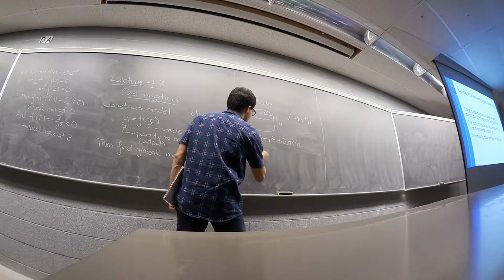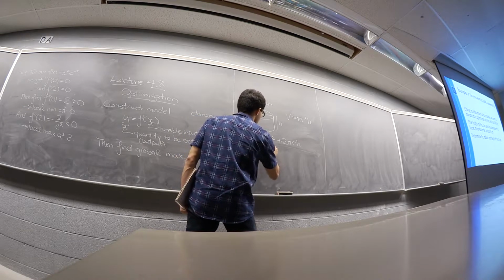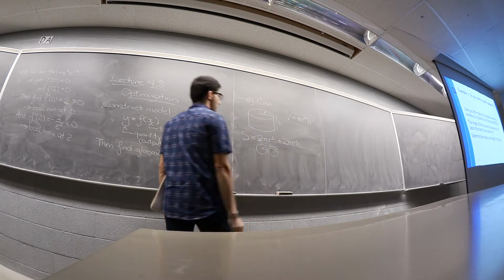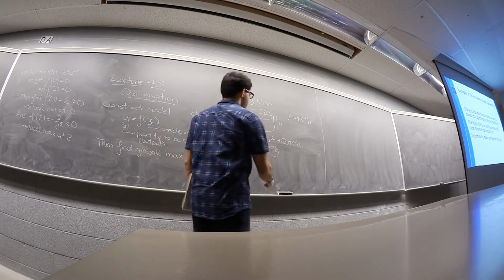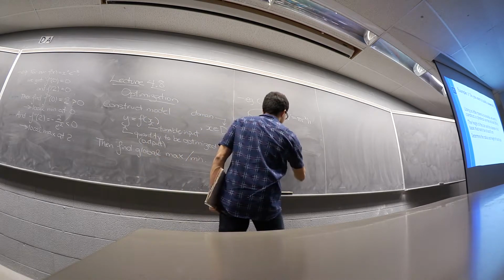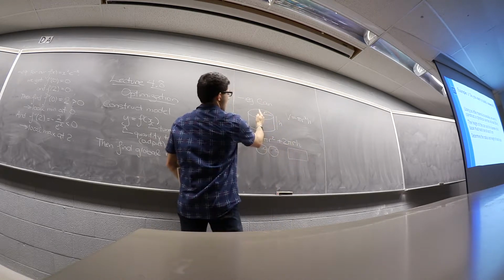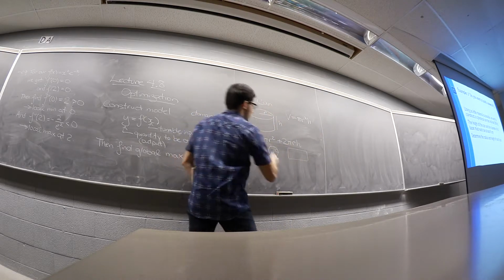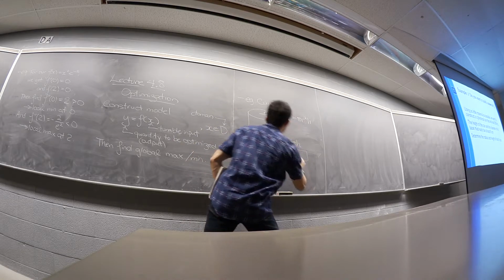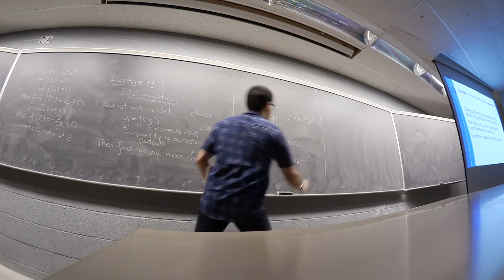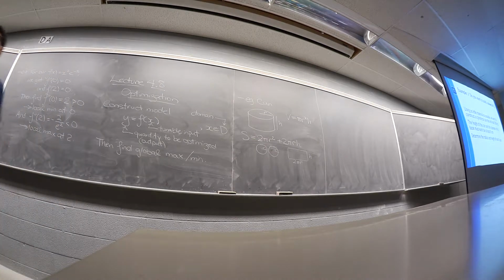Why? I've got two circles with radius r, the top and bottom of this thing. And I've got one rectangular piece after I unwrap this thing, whose length is the circumference of the top, 2 pi r, and whose height is h. All right, that's the surface area of this thing.